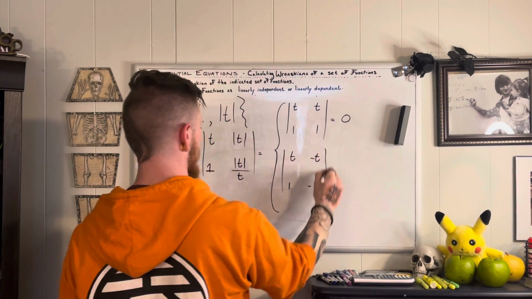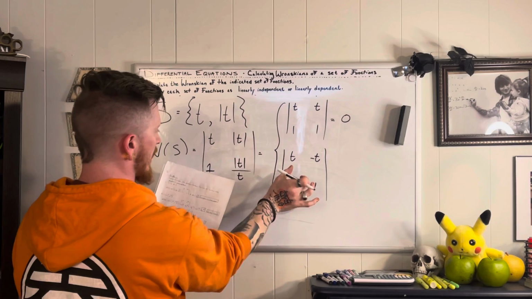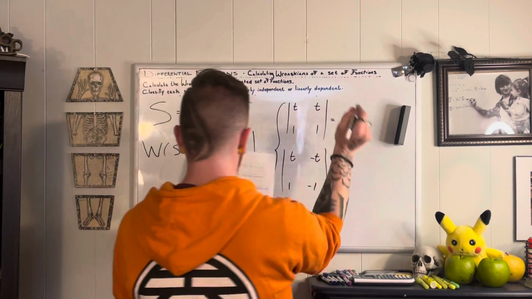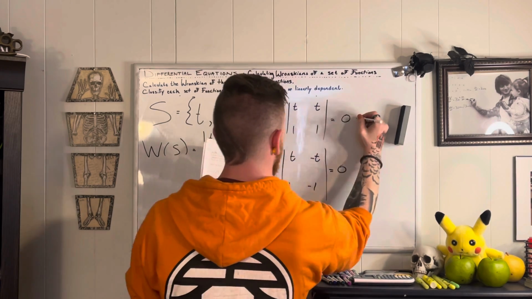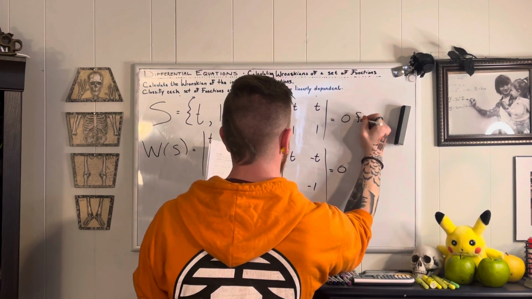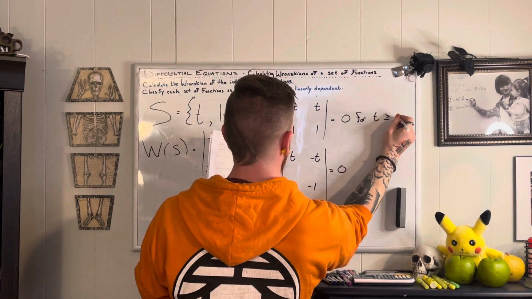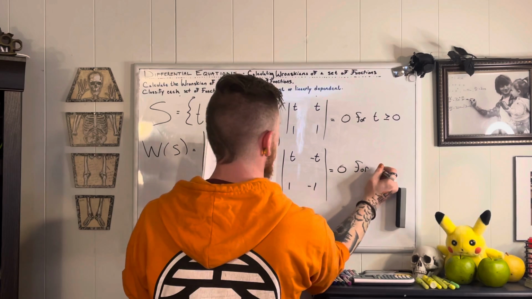And we're doing this because of our absolute value function. Again, we have minus t minus t, which is going to give us 0. So this first submatrix was for the interval t is greater than or equal to 0. So this will be for the interval t is less than 0.